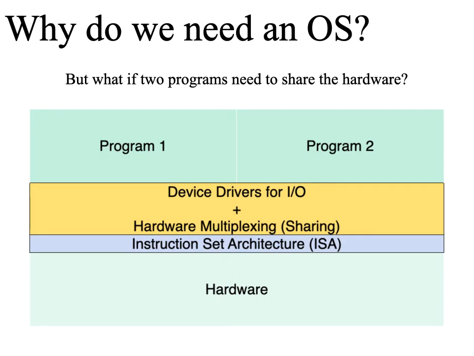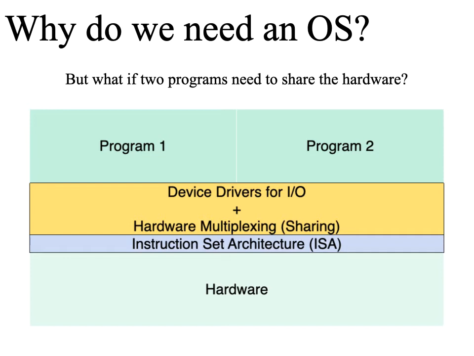However, now let's consider a situation where we want to run more than one program on a given set of hardware. What that means is these two programs have to share the CPU, share the memory, and possibly share the I/O devices.